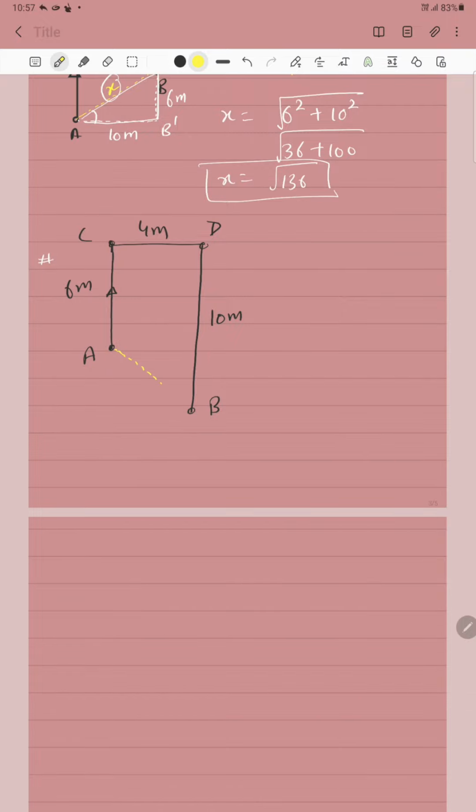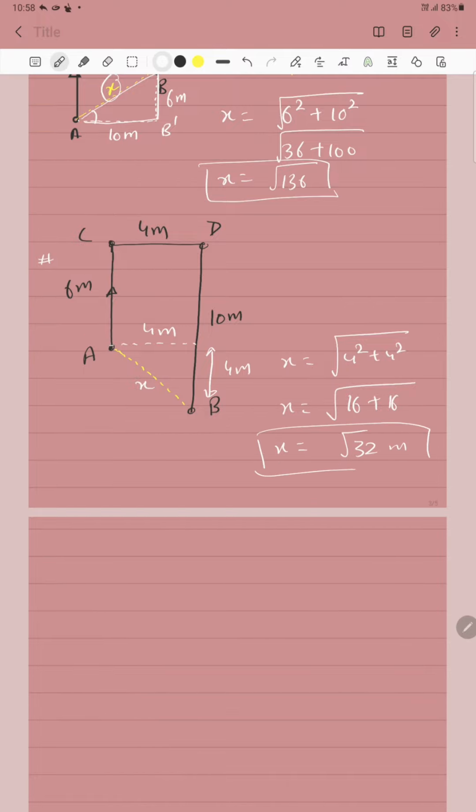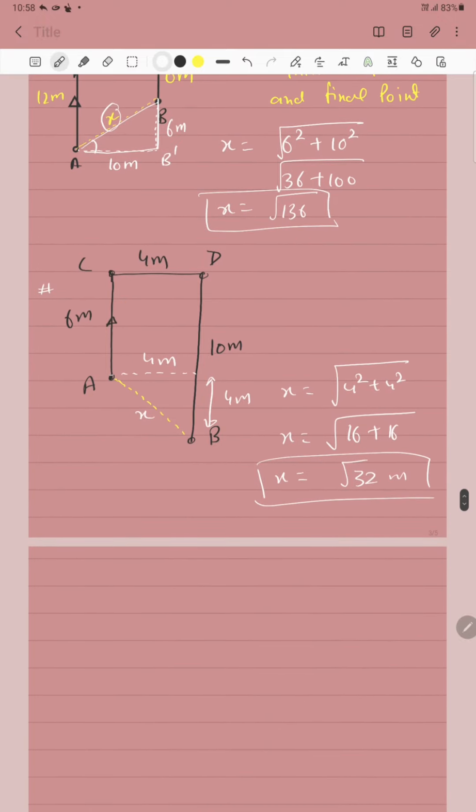Connect the initial and final point like this, right? And then do some construction work like this. Now you know this will be 4 meter, this will also be 4 meter. You can easily calculate this x. Then x will be what? Under root 4 square plus 4 square. It will be under root 16 plus 16. It will be under root 32, right? So it is very easy. Just always follow construction and Pythagoras in this type of question.